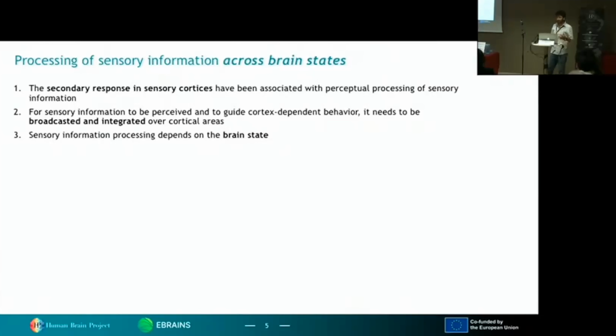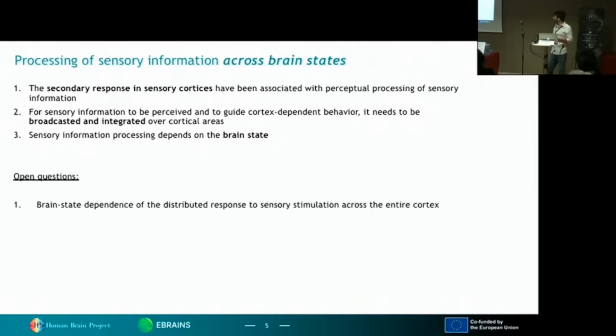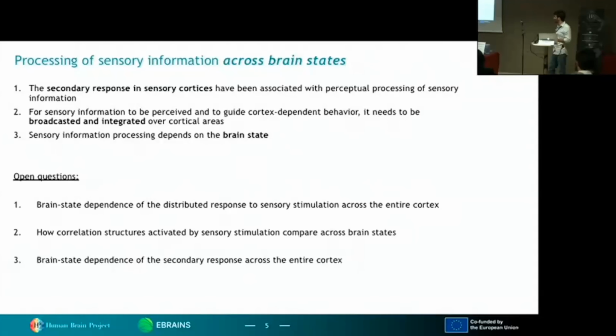So there are many open questions, and we focused on the brain state dependence of the distributed response in 2 different states of anesthesia. And we wonder how the correlation structure changes during the stimulus and the role of the secondary response on the entire cortex.